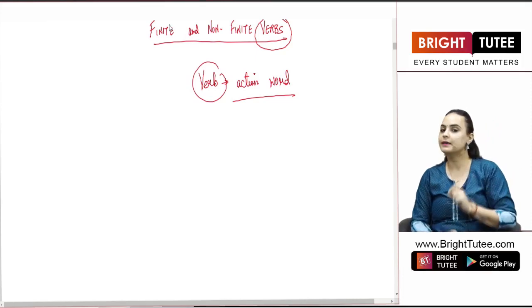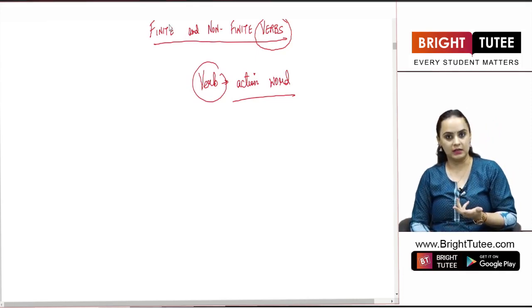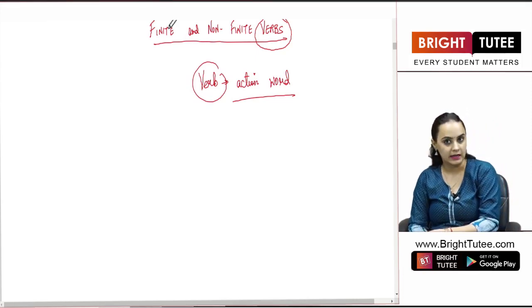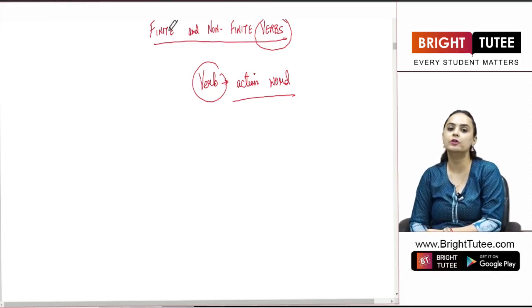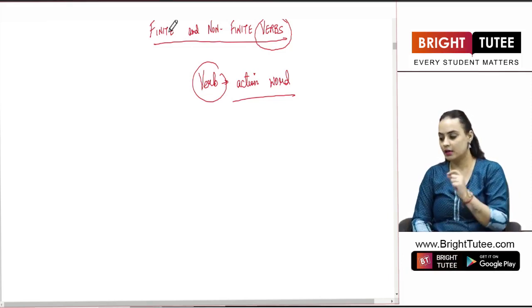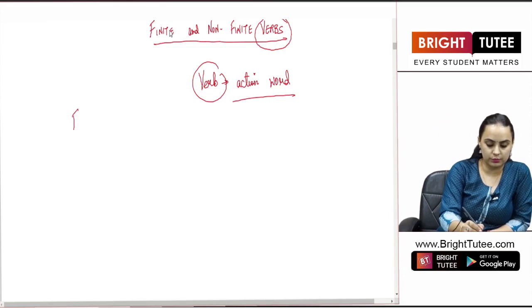Now a verb can be divided into two parts. It can either be a finite or a non-finite verb. Now what are finite verbs?